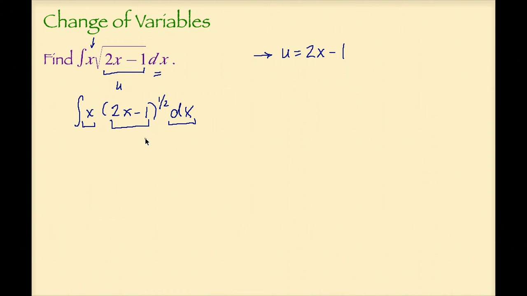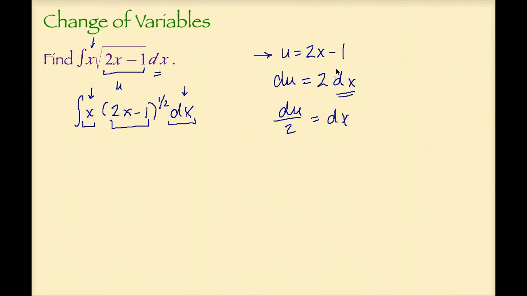So I'm going to need to not only replace the 2x minus 1, I'm also going to need to replace the x and the dx. So du would be 2 dx, but I can solve for dx here by dividing by 2. So this would be du over 2 equals dx, and that's the value that I'll replace for dx.